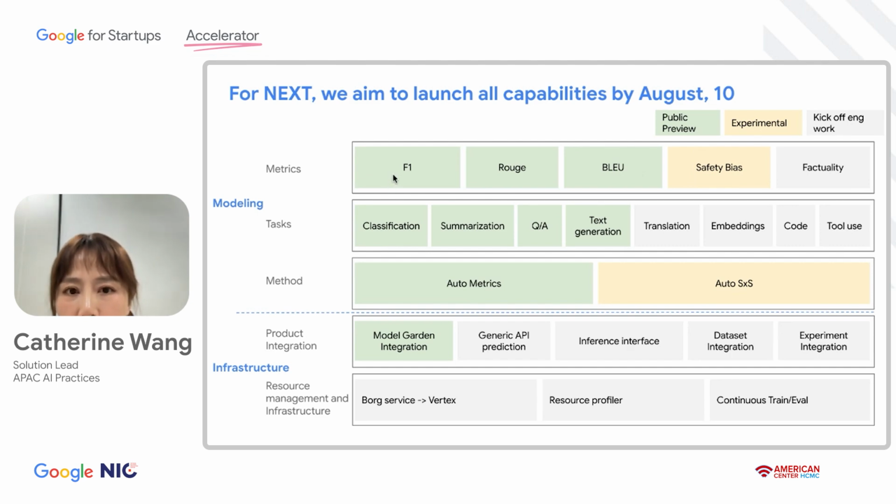So ROUGE score, F1 score, or BLEU score, those are all computational metrics for you to measure your model output. And those will be suitable for tasks like classification, summarization, text generation, or Q&A. You can use those metrics as the auto metrics when you are running the evaluation pipeline inside of Vertex AI.